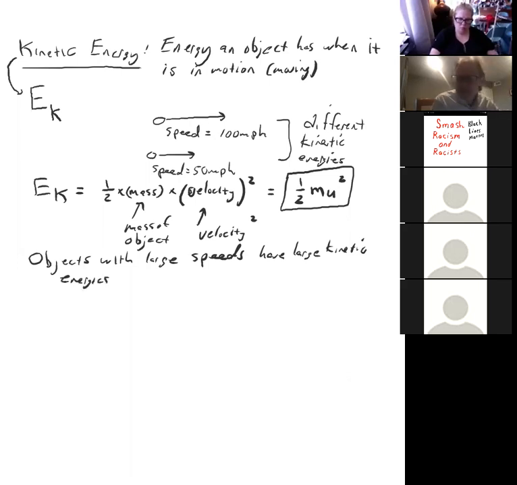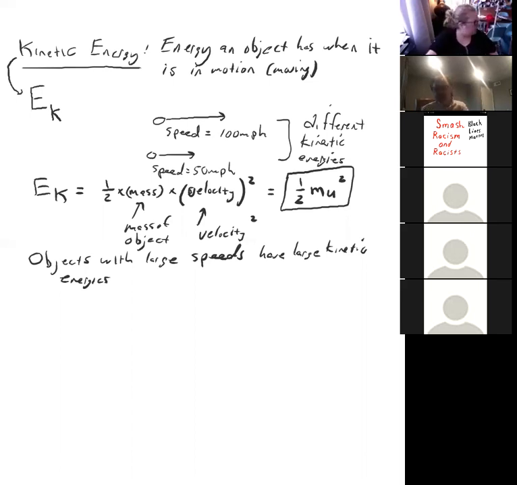And if you think about it, it makes sense, right? The idea of a bullet, for example, fired from a rifle, is that a bullet's actually a very tiny thing. It doesn't have very much mass at all. It weighs a little bit like a pencil. But because it moves so fast, hundreds of miles an hour, it has enormous energy within it, right?